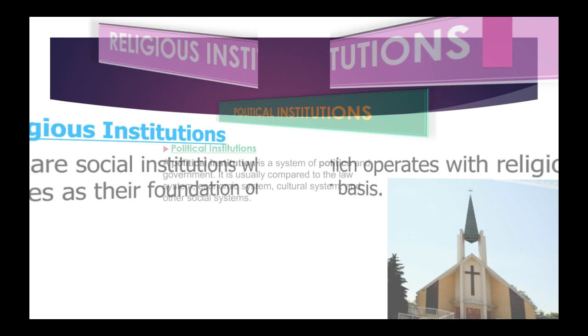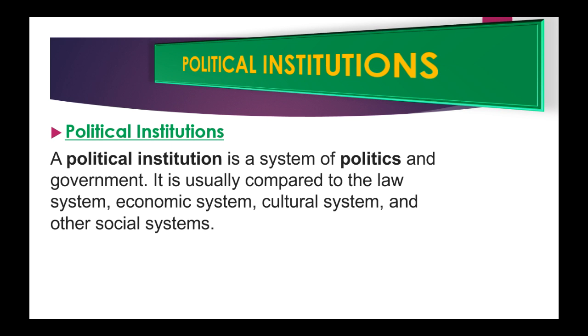So moving on to political institutions. A political institution is a system of politics and government. It is usually compared to the law system, economic system, cultural system, and other social systems.